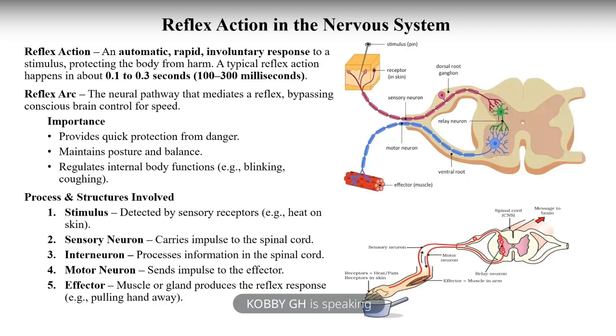And pay attention to the timing over here. A typical reflex action happens in about 0.1 to 0.3 seconds. That is also a very important point that you have to note.